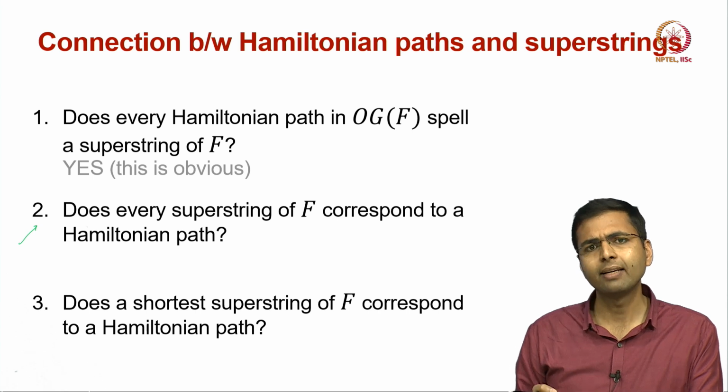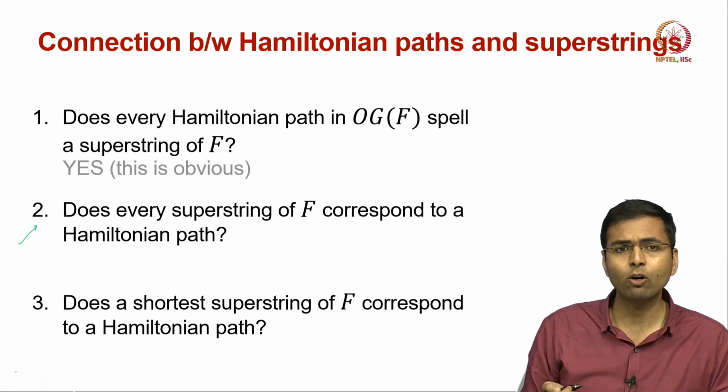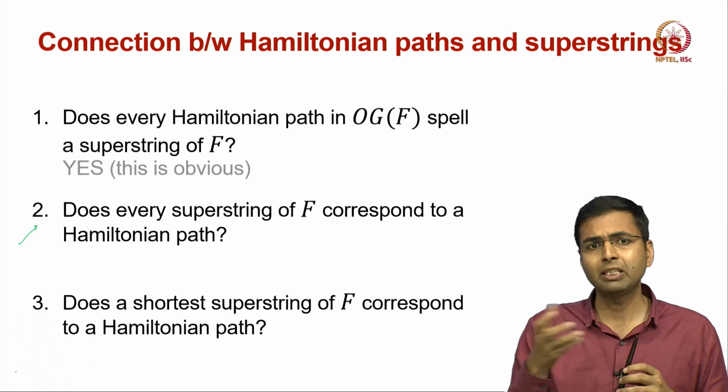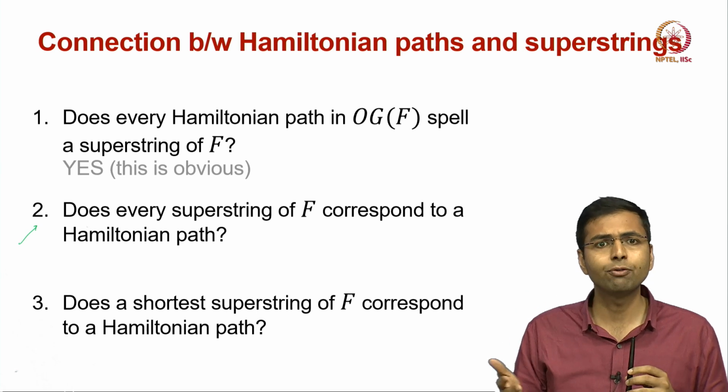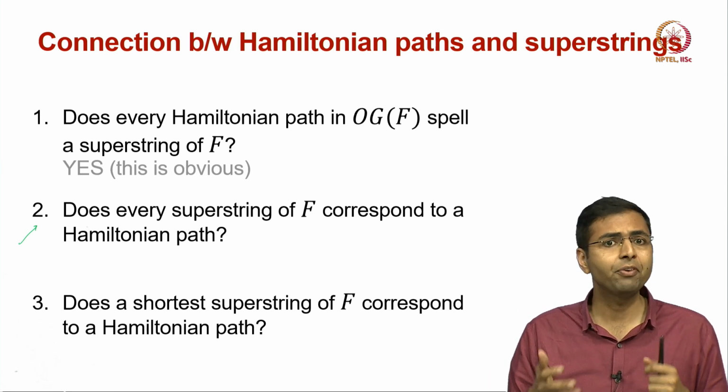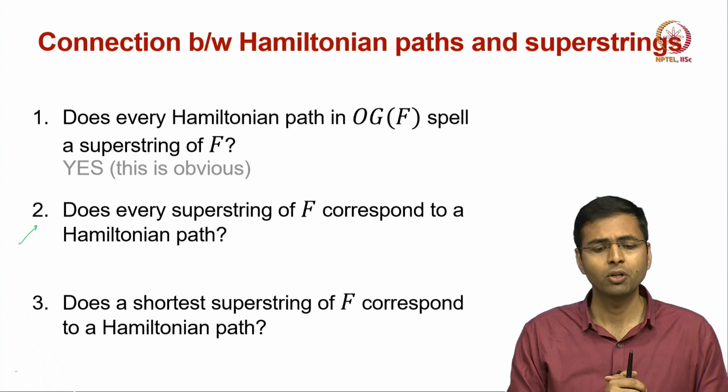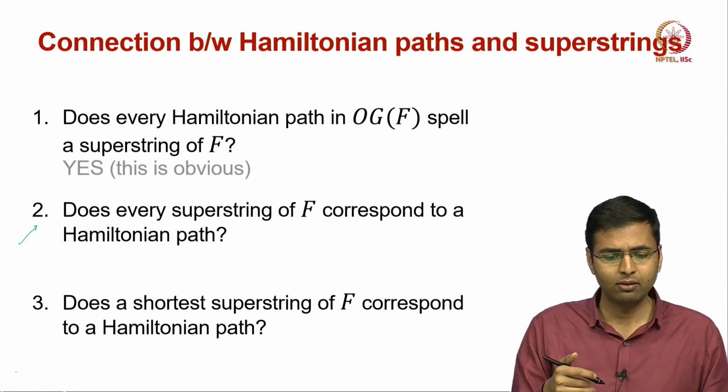Well, not necessarily, because in a superstring I can always include a specific string twice, thrice, 4 times. There is no specific restriction on that. So I can always form a superstring.